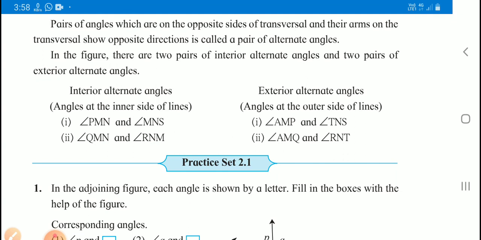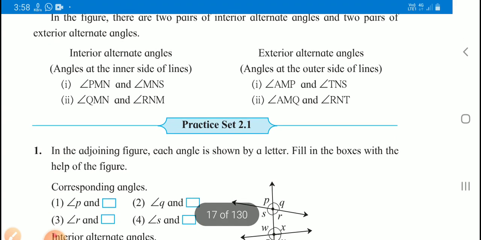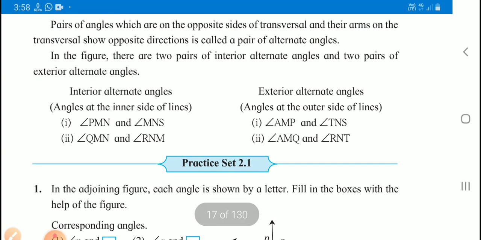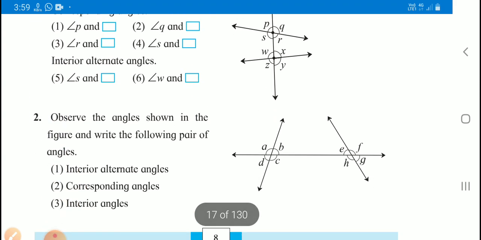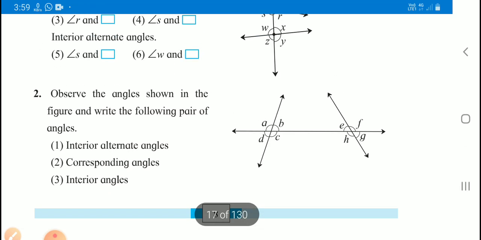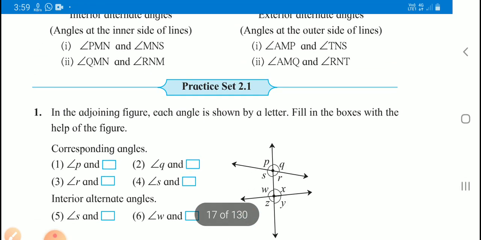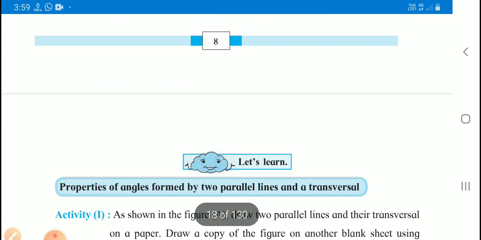Second pair is angle QMN and angle RNM. Next, exterior alternate angles are, first is angle AMP and angle TNS, and second one is angle AMQ and angle RNT. Now you have to solve the exercise depending on the pairs of angles.